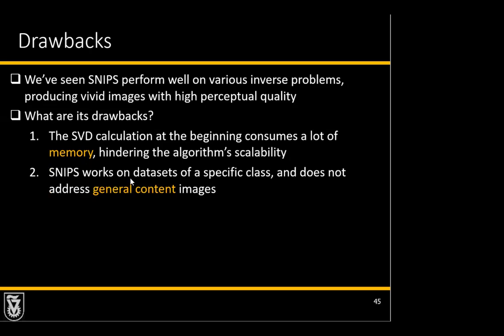We did see very different classes like face images, bedrooms, and towers, but still for each different data set, we used a different denoiser that was trained on similar images. So we worked with specific classes and not just general content images.